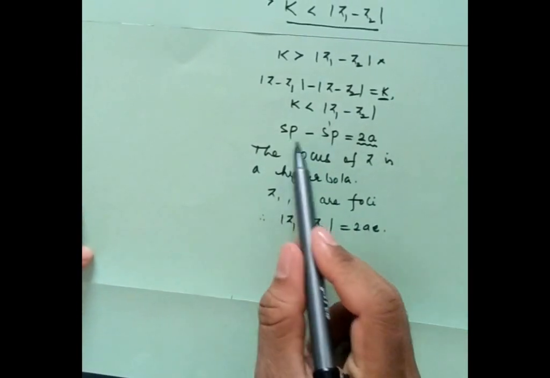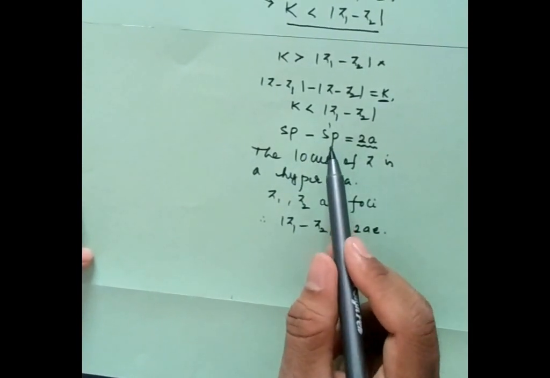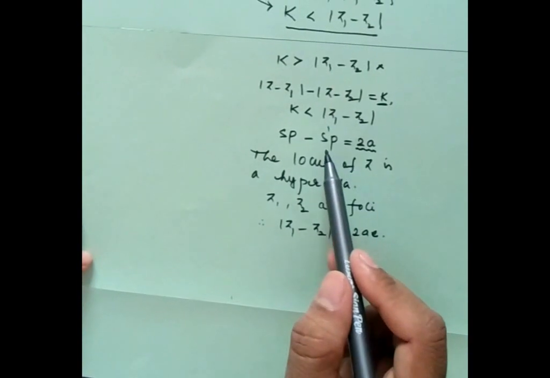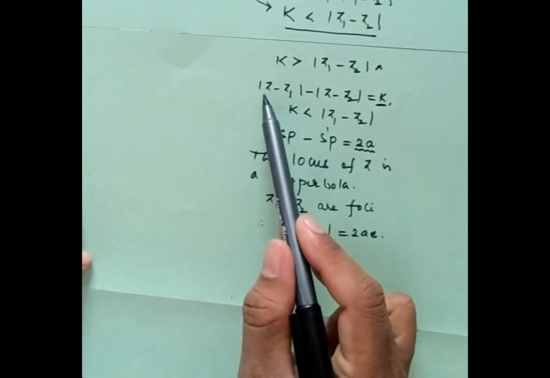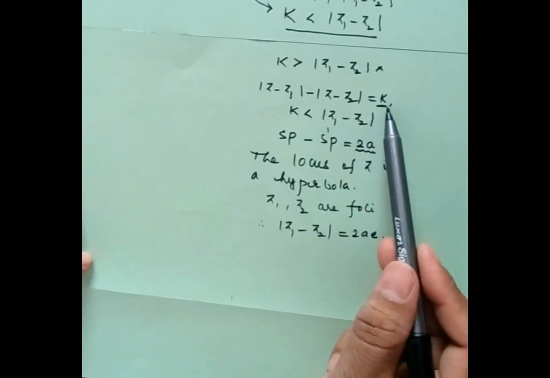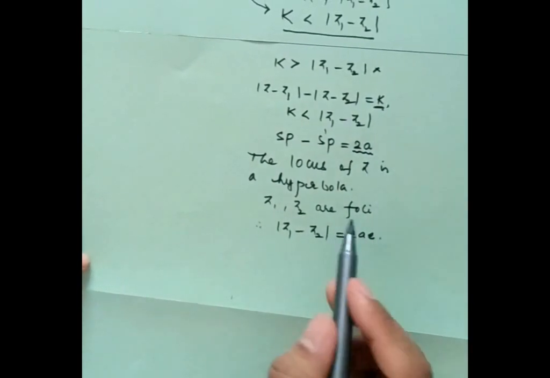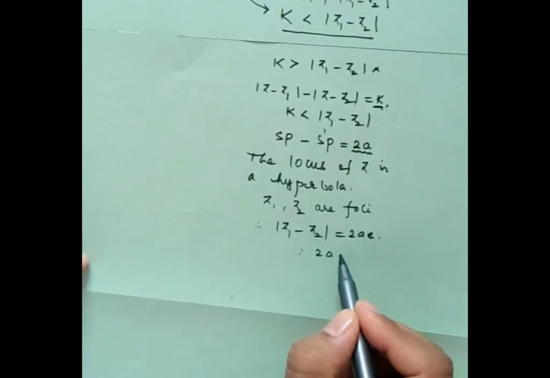Now SP minus S'P equals 2a. What is SP minus S'P? The difference of the distances, modulus of z minus z1 minus modulus of z minus z2, which we are supposing as k. So 2a equals k.